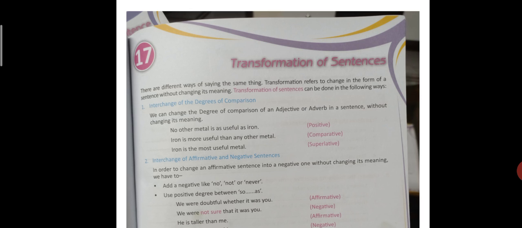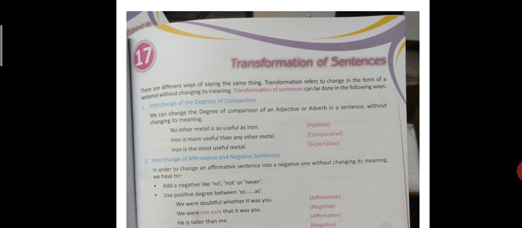So here you can see examples are given. No other metal is as useful as iron. It is positive. Iron is more useful than any other metal. Comparative. Iron is the most useful metal. Superlative. So in these three sentences, what do we get to know?